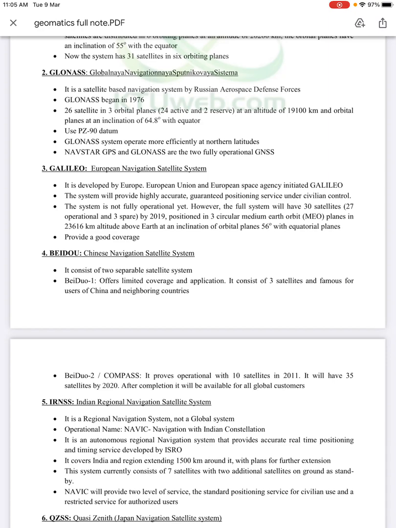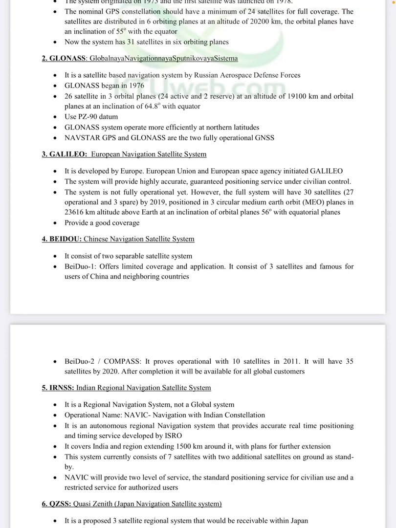The satellites are positioned in 3 circular medium Earth orbits at an altitude of 23,616 km at an inclination of 56 degrees. They have pretty good coverage around the European continent.